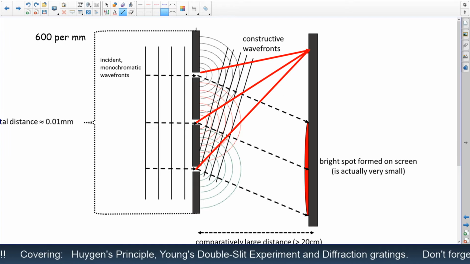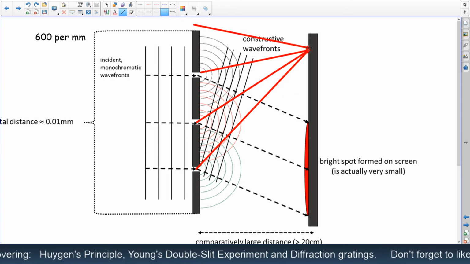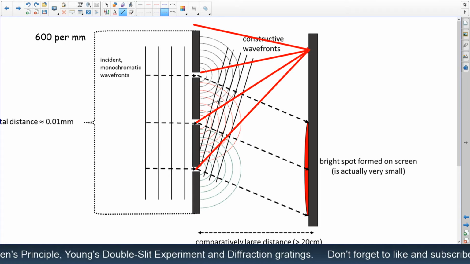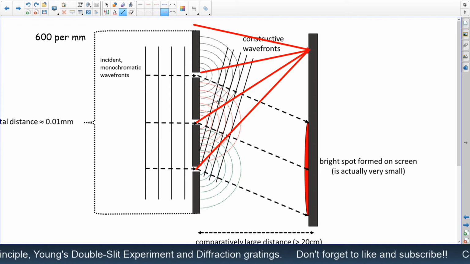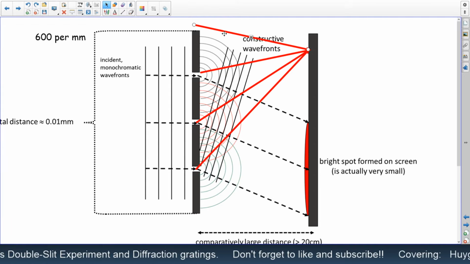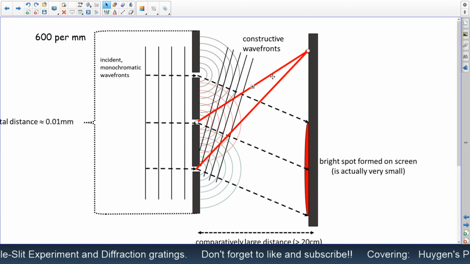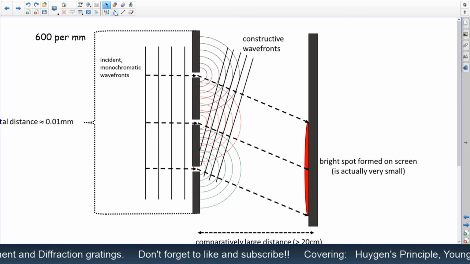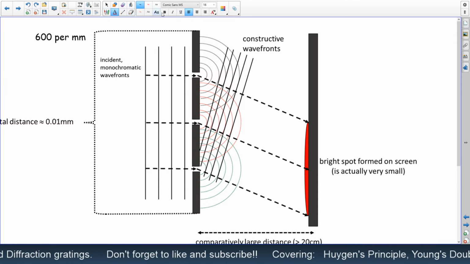And that's just 3. If you have another one up here, and another one up here, and maybe 600 per millimeter, the likelihood of you meeting crest after crest after crest after crest is extremely small. In fact, if you have lots and lots of them, then basically what you're doing is playing addition with random numbers.